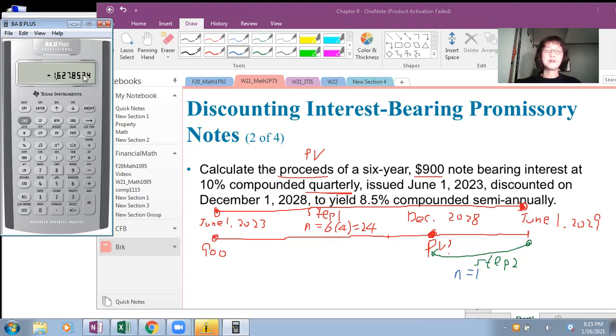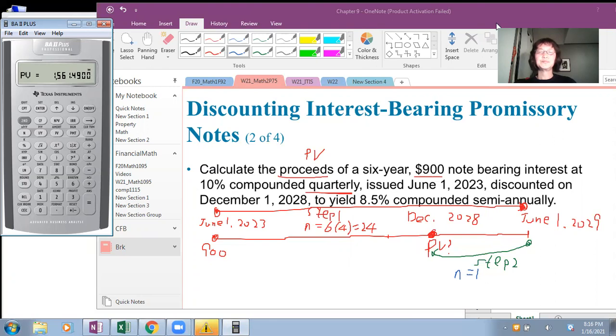So this number is FV. 8.5 is IY. 1 is N. 0 PMT. Compute PV. This is the answer.